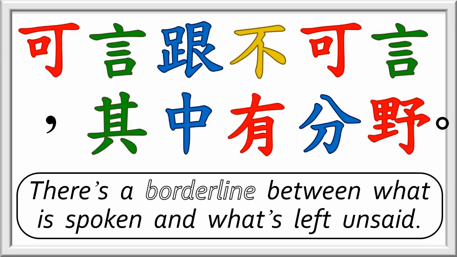Ye was originally the intermediate zone between the cleared center for the settlement and the surrounding forest, so it's a borderline area of sorts. 可言跟不可言，其中有分野. There's a borderline between what is spoken and what is left unsaid.